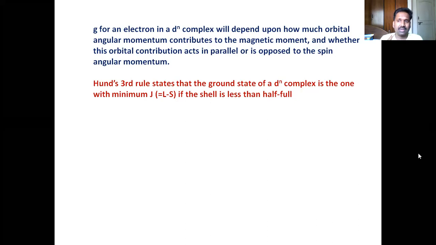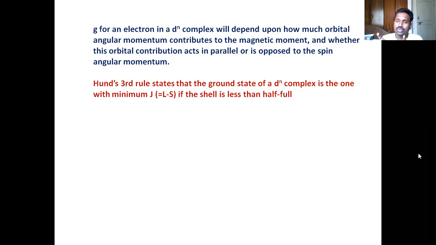Like I gave you an example, let us take a d2 system. So your l value for d is equal to what? Small l value is 2. So when there are 2 electrons now coupling, your capital L value becomes 2 plus 2, 4.